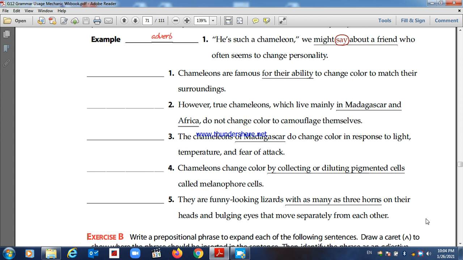And here, of course, I'm modifying the noun lizards. Once the underlined prepositional phrase modifies a noun, then I have here adjectival. I'm going to write adjective because this is an adjectival prepositional phrase.